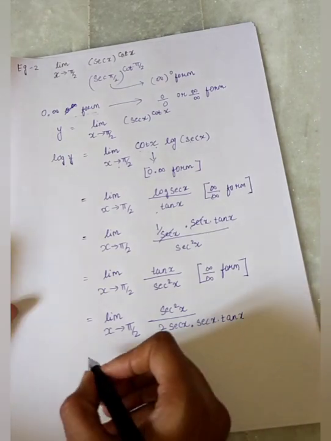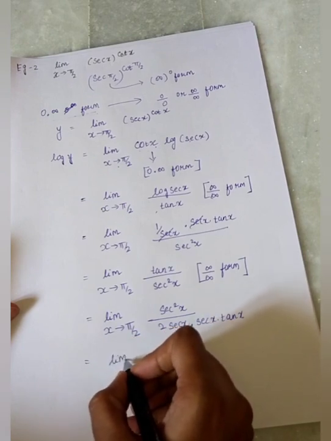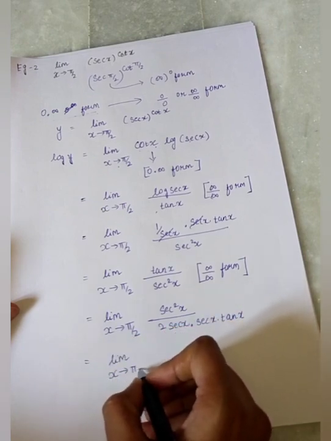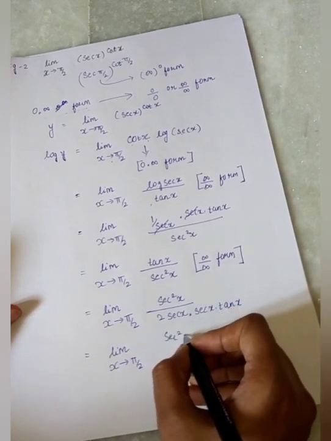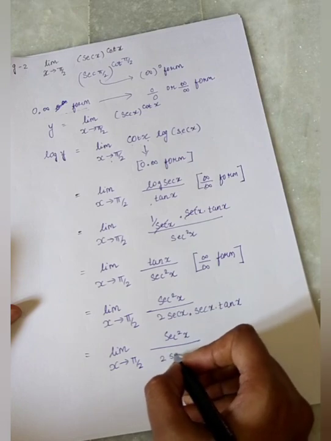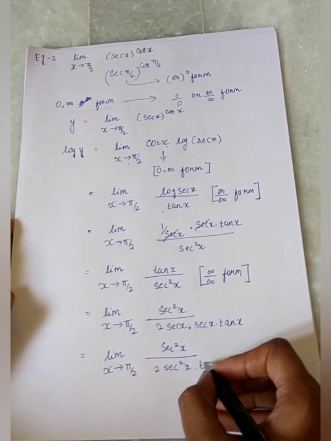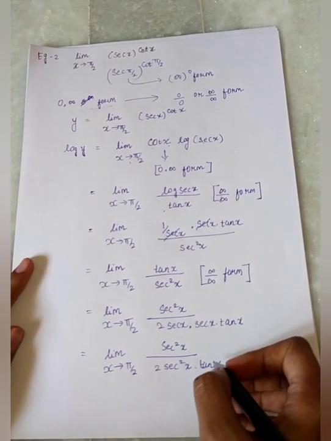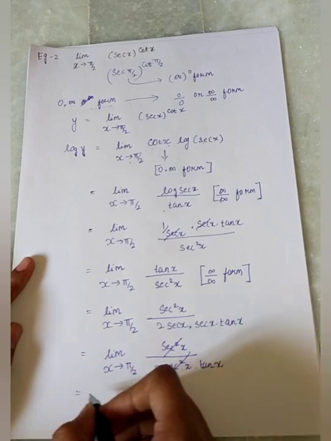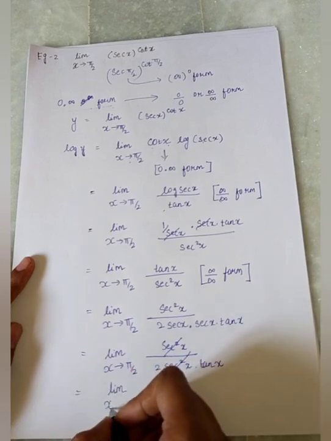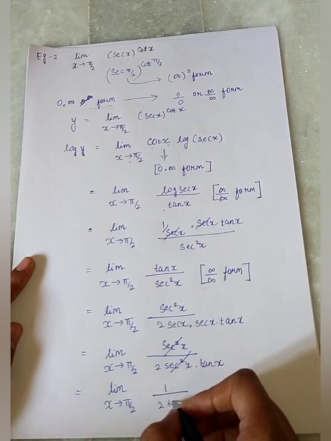Now from this, we can rewrite this equation as limit x tends to pi by 2 sec square x upon 2 sec square x into tan x. But this sec square x and this sec square x get cancelled. So we get limit x tends to pi by 2 1 upon 2 tan x.